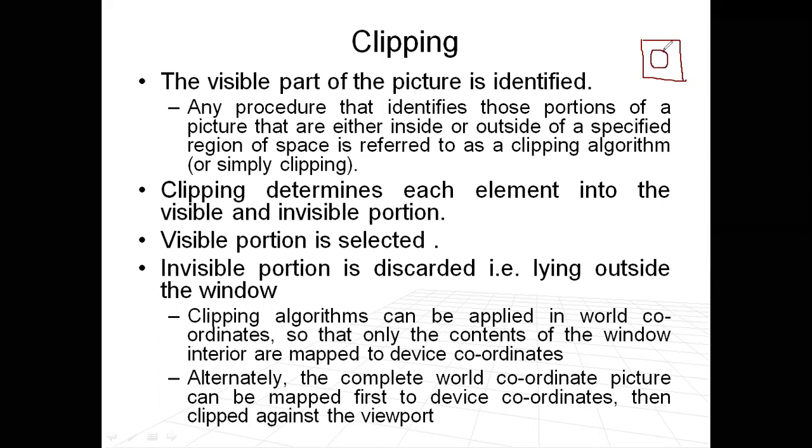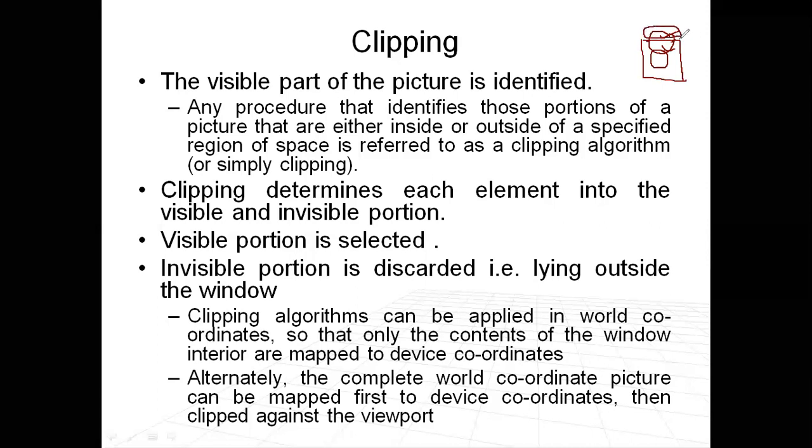When we create an object, some part related to this viewport lies outside the viewport, and some part lies inside the viewport. So when we view any object within a viewport, only this part will be visible, and this part will be omitted.